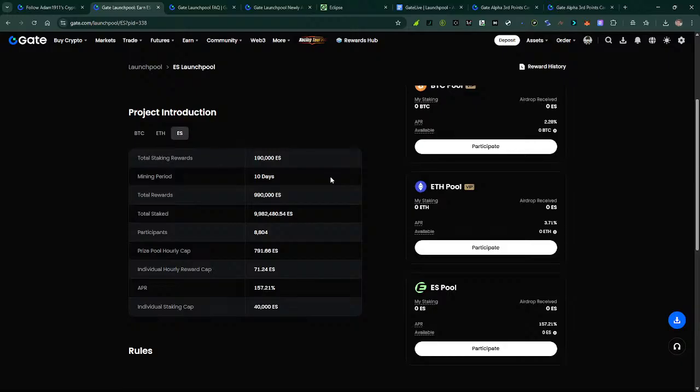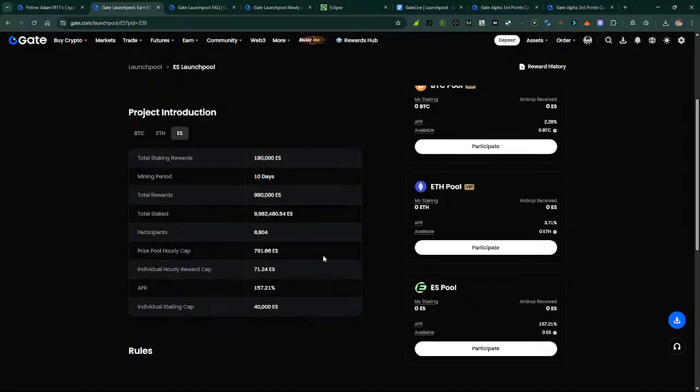The price went down as the market is taking a correction. And participant count is 8,804.